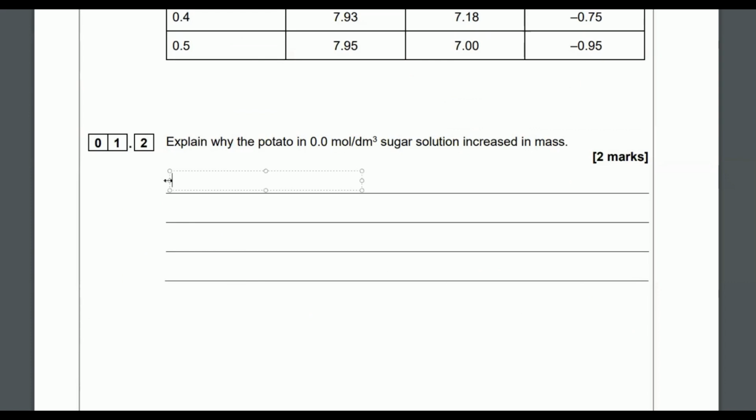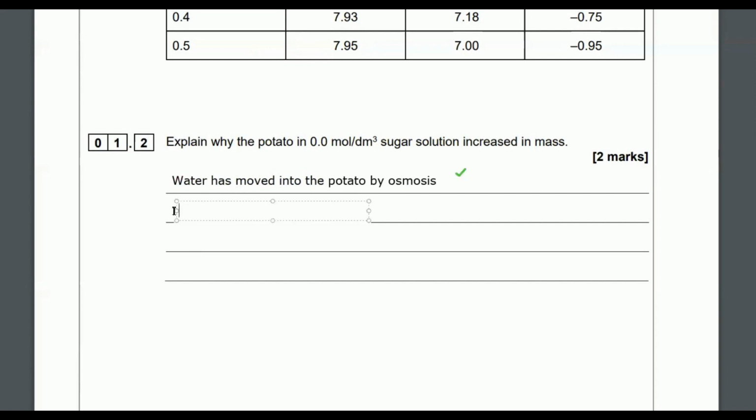Well, hopefully you've worked it out. Water has moved into the potato. What's the process by which water moves into things? Osmosis. So water has moved into the potato by osmosis, and that has got us a mark.